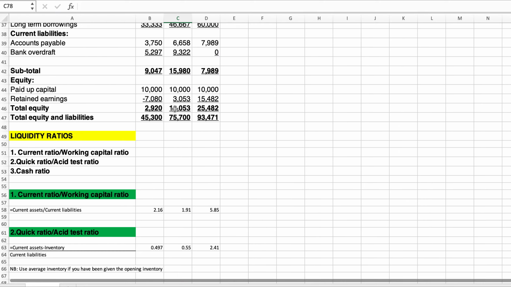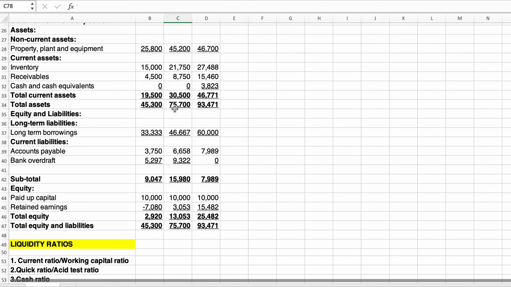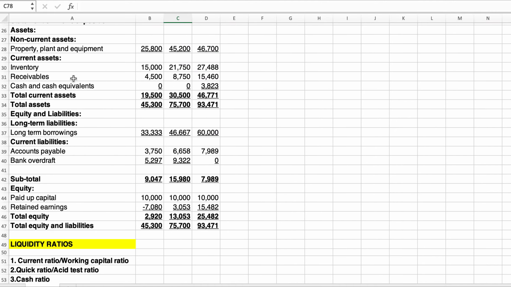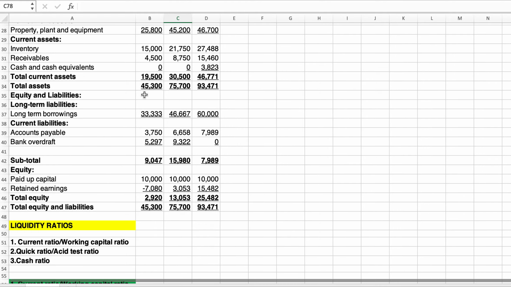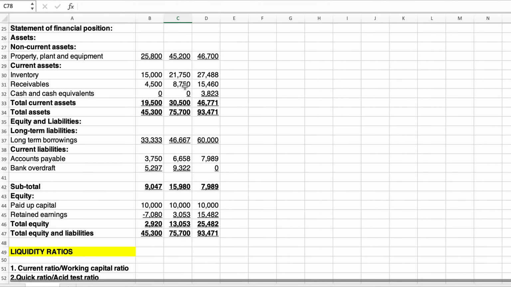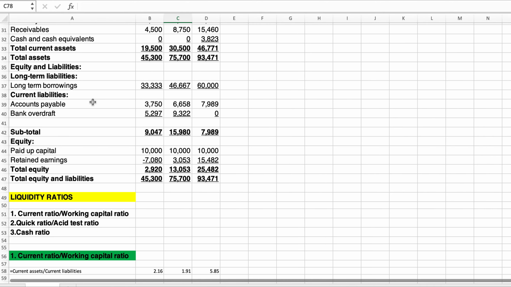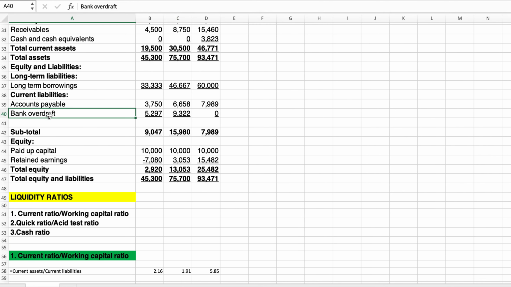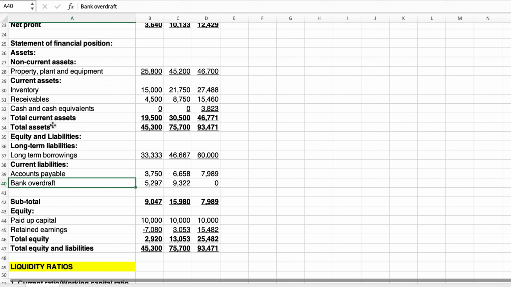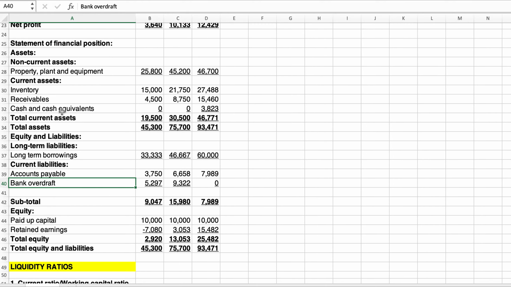So like in our question here, our cash and cash equivalents are what? We have the cash itself, and the cash equivalents here are the bank overdraft. You have one here, and sometimes under current assets you might find investment income. So that item is also a cash equivalent. Cash equivalents are items that can be easily converted to cash.